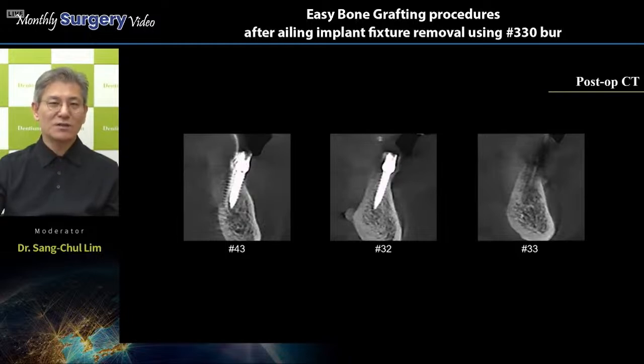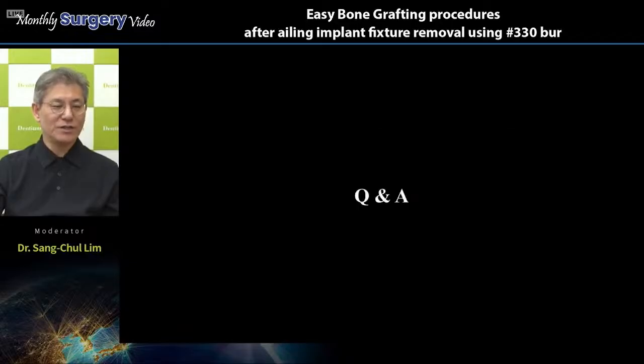However, an elderly person like this, a 78-year-old, almost 80-year-old female patient, doesn't need any more. Just 2 implants are enough to support a 4-unit anterior bridge. Okay, now we have a Q&A session here.